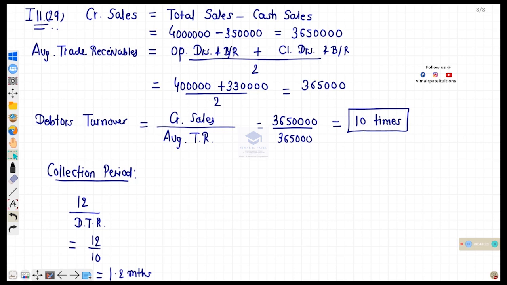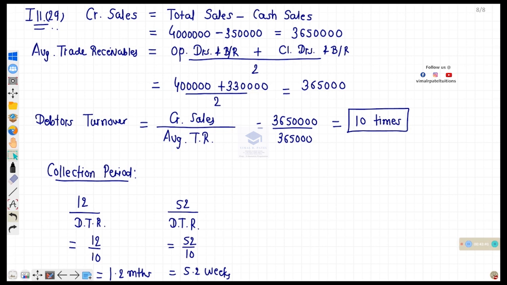Then in weeks, so it will be 52, total weeks 52 divided by debtors turnover ratio. Weeks.